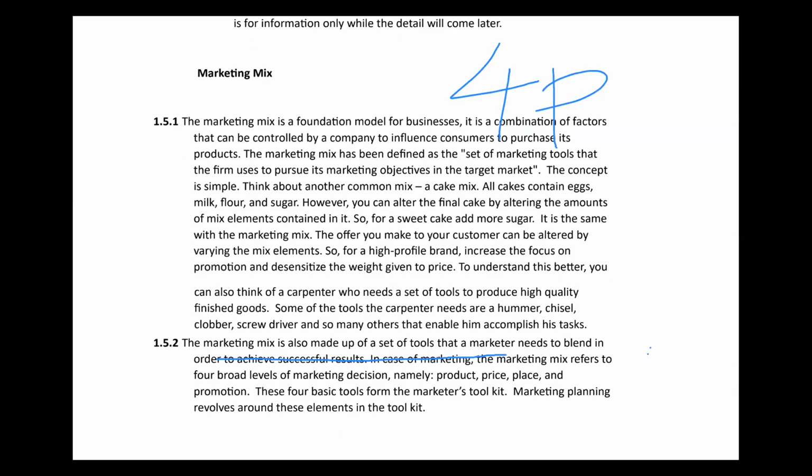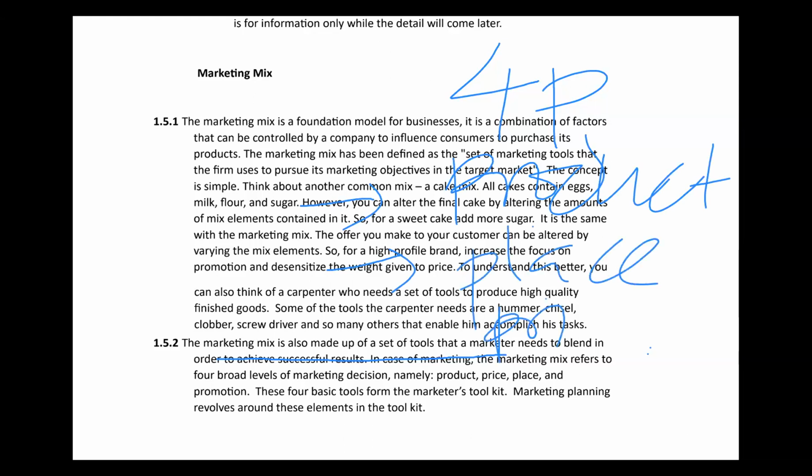That is to say, the product is the first component of marketing mix, the product or the tool. You have the set of tools: the product, the place, the price, and what else? Promotion, right?